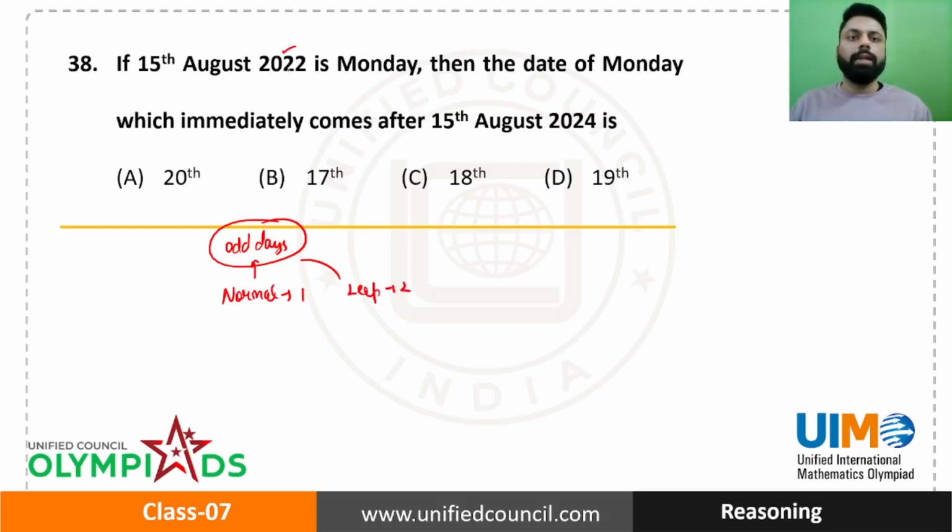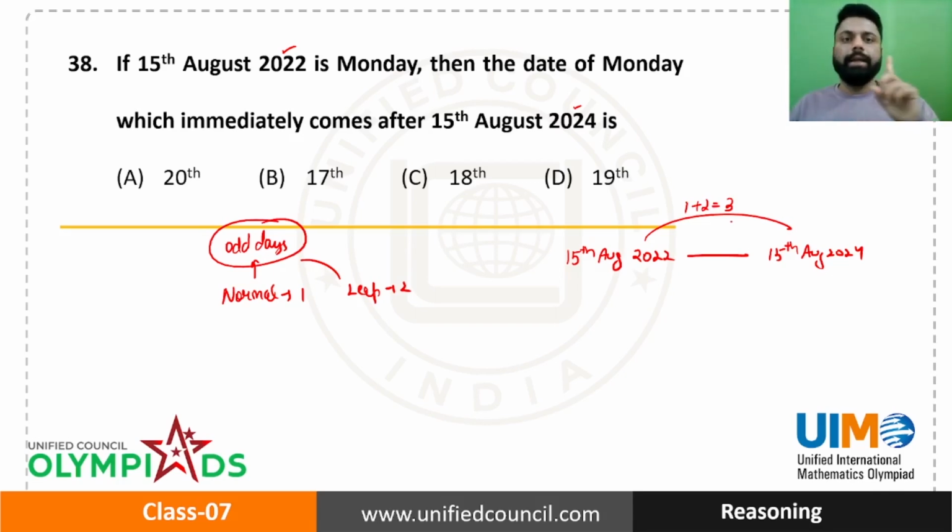So from 15th August 2022 to 15th August 2024, the number of odd days will be 2 plus 1, because 2022 to 2023 is a normal year and 2023 to 2024 is going to be a leap year.